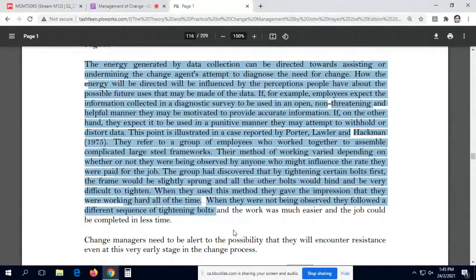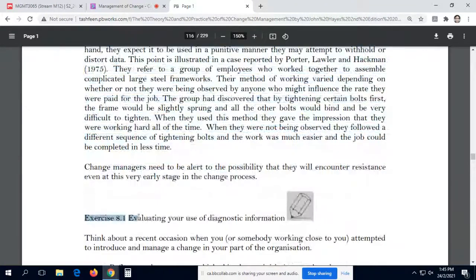They have spoken about tightening a certain bolt first. Please read this example. And then there is exercise 8.1, a short activity. If you want, you can take it, but of course in your own time.